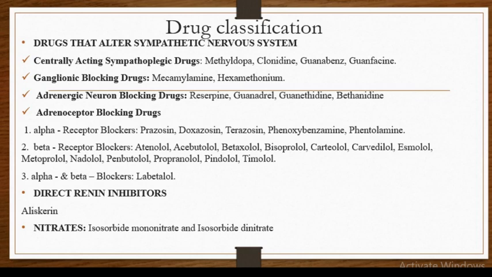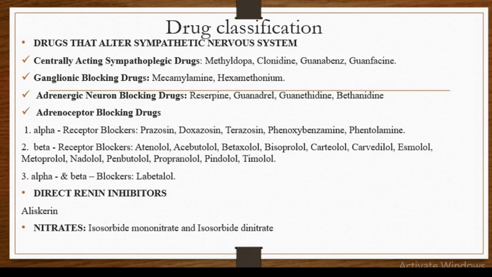And under these, we have the centrally acting sympathoplegic drugs, the common ones being methyldopa and clonidine. What these do is they work through alpha 2 agonism. By so doing, they inhibit the sympathetic activity in the brainstem, thereby helping to reduce the blood pressure.